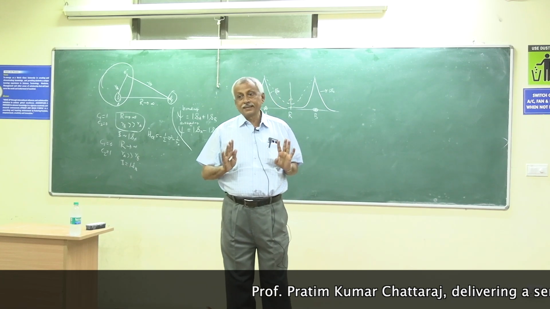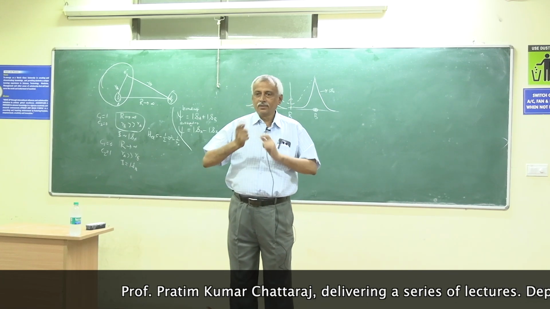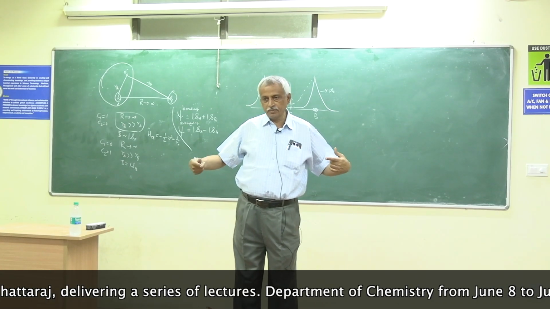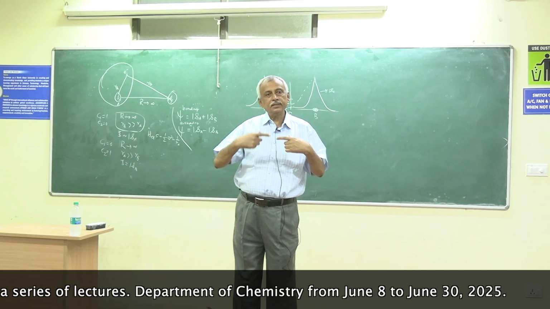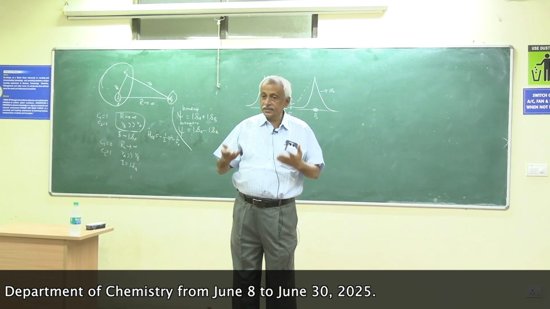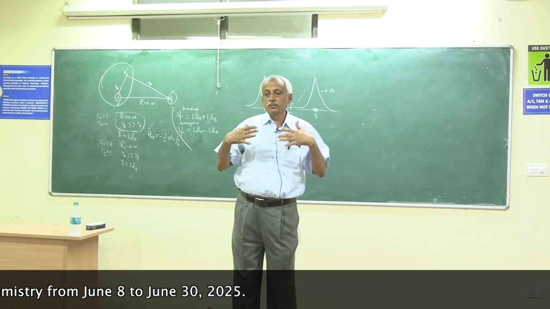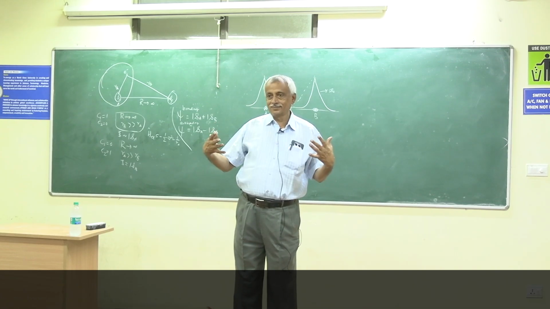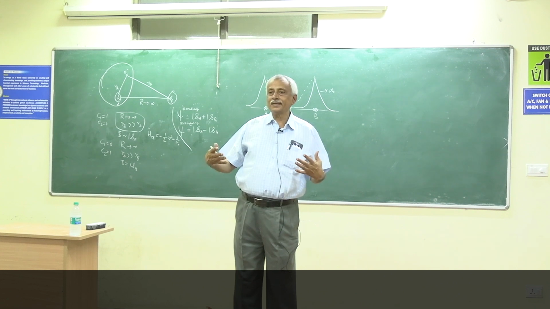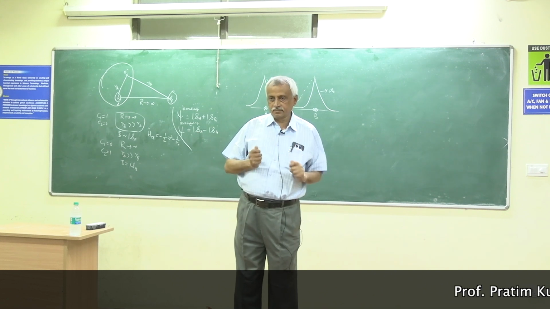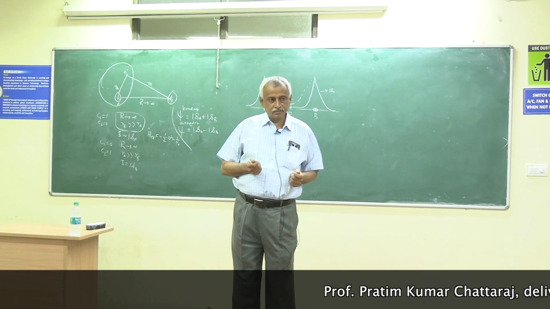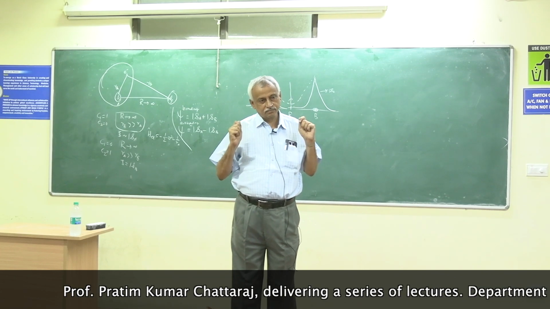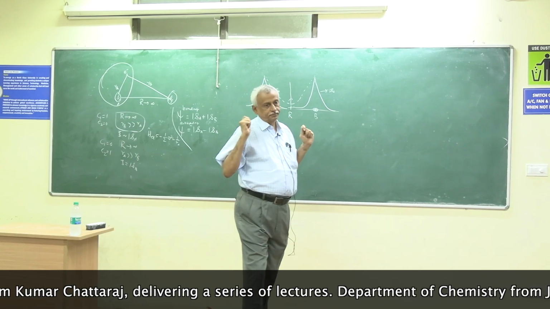This is the interplay of electron-nuclear attraction, which is attractive, and nuclear-nuclear repulsion, which is repulsive. There is also electron-electron repulsion, but that's much smaller in magnitude. Then the resultant, if it is attractive, they will attract each other, and we call this bond formation. So there would be bond formation.